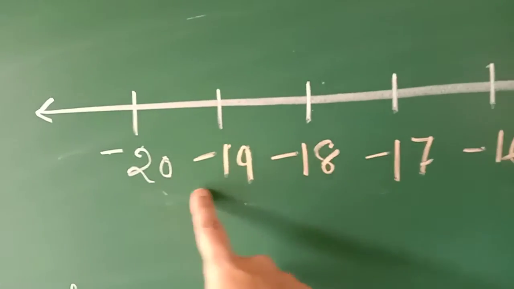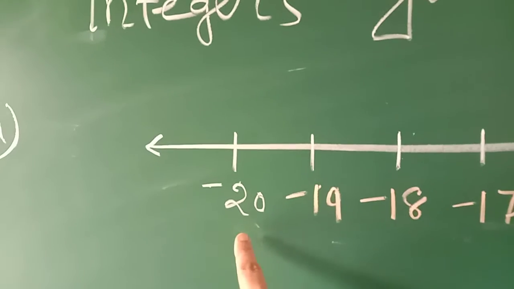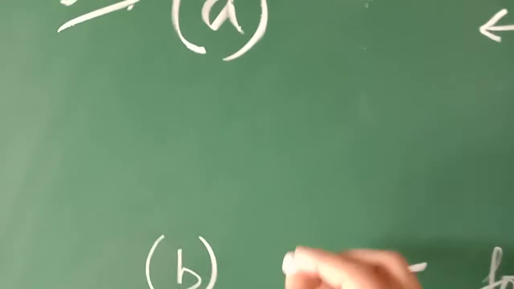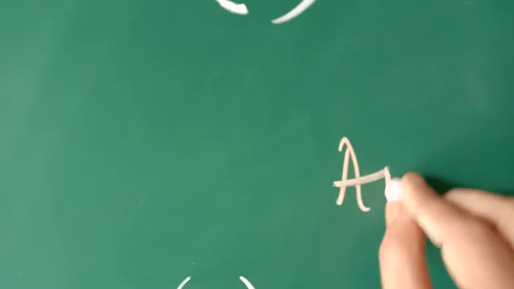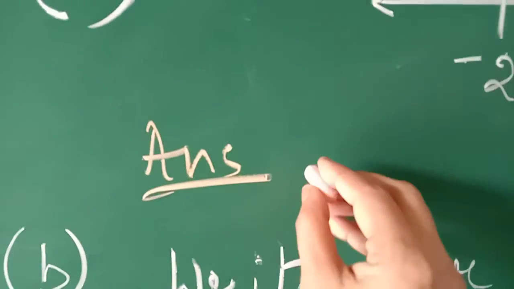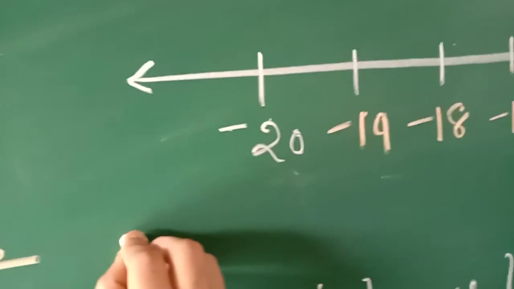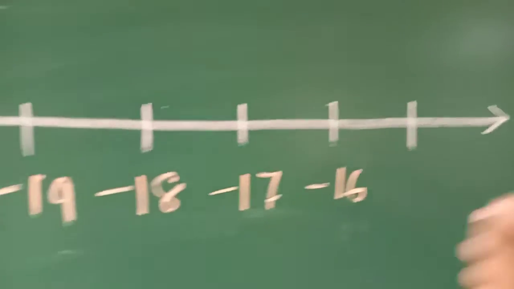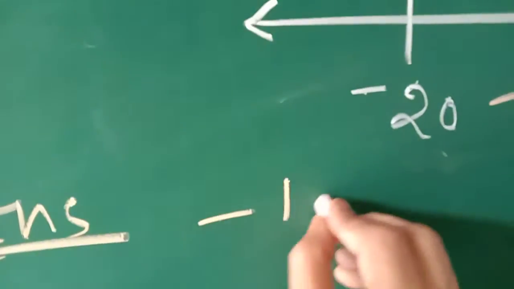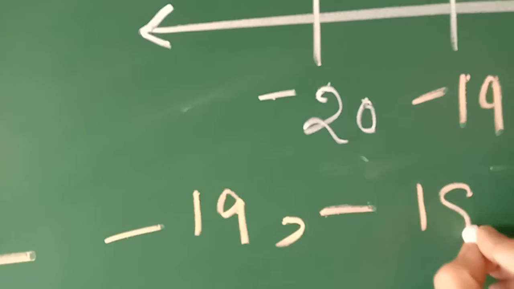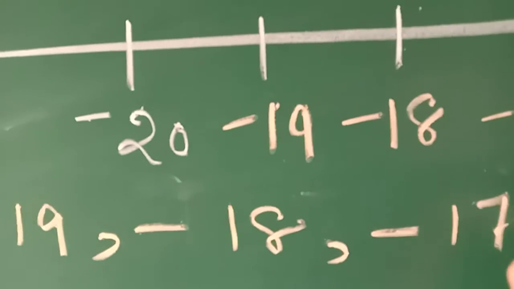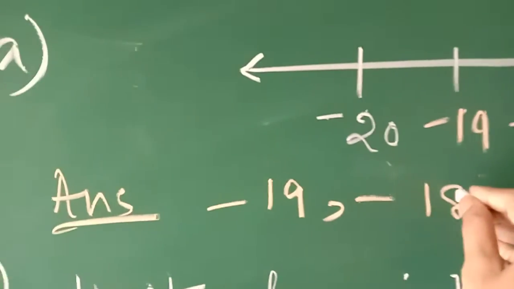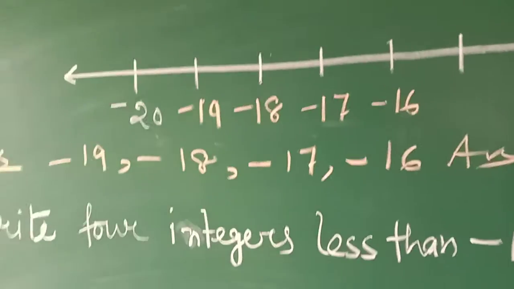So can I write these numbers which are greater than minus 20? Yes, so we can write our answer. The numbers greater than minus 20 are, you can choose any from this side: minus 19, minus 18, minus 17 and minus 16. Understood? They have asked for 4 numbers only, so I have chosen only 4 numbers.